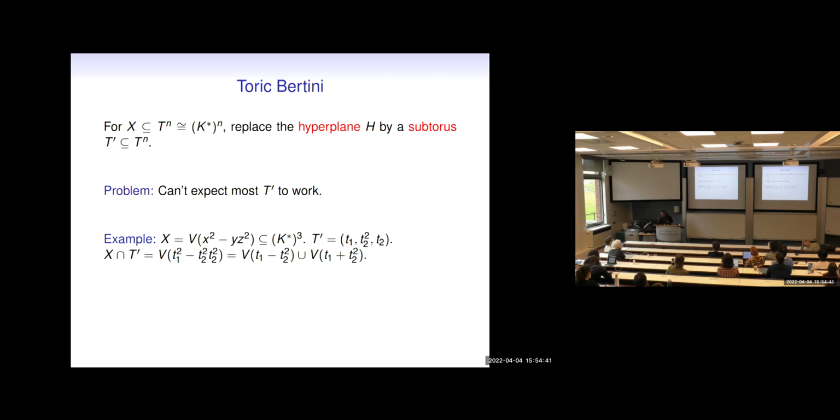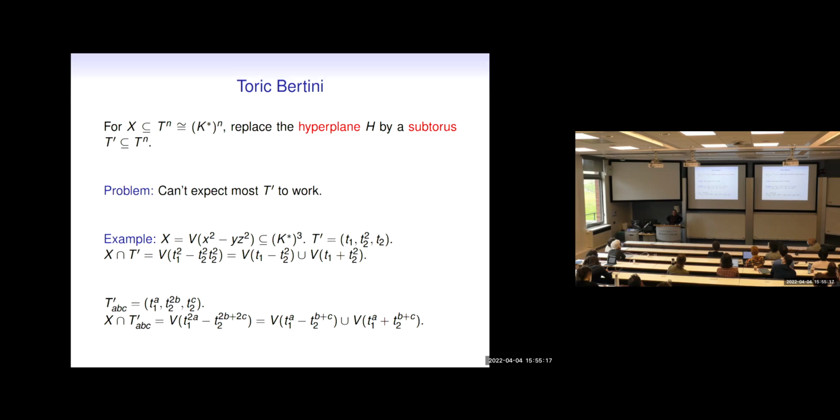That's one example. The problem, though, is that this is easy to find. Here I can think of subvarieties of a three-dimensional torus as discrete data, and I've got my subtorus T prime of (a, b, c), which is (t1 to the a, t2 to the 2b, t2 to the c). The first example was just the case a, b, c all being 1.